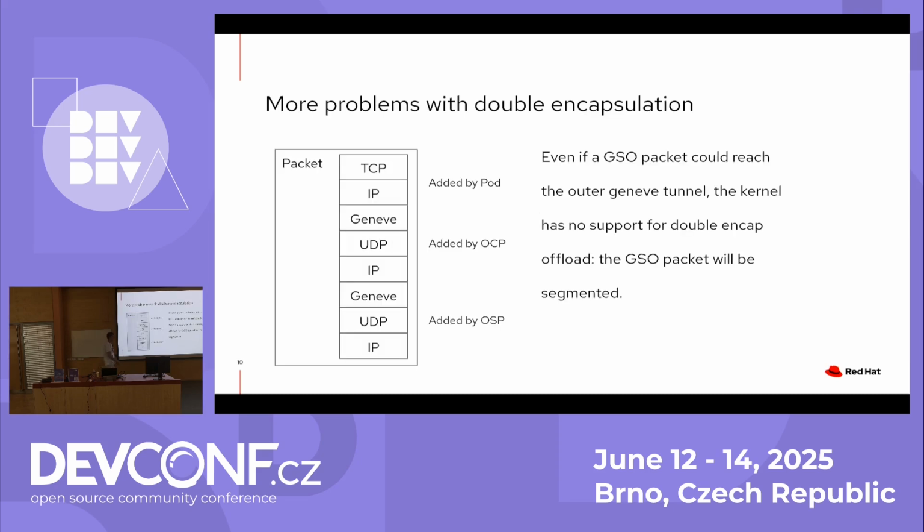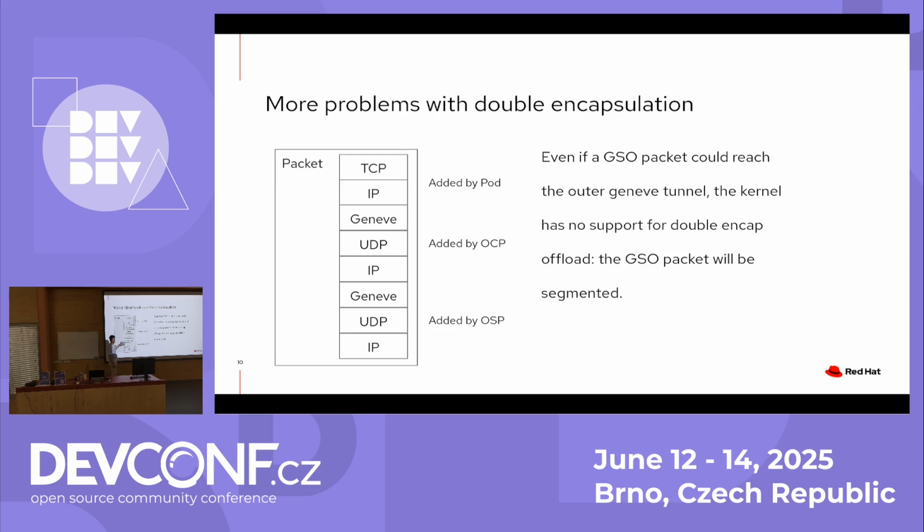There is an additional smaller problem, let's say, with double encapsulation. This is the layout of the double encapsulated packet generated by OCP or OpenStack when reaching the wire. On top, there are the headers created by the pod and the application. This is the encapsulation created by OpenShift when reaching the OpenShift Geneve tunnel.